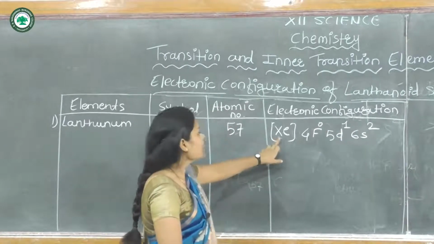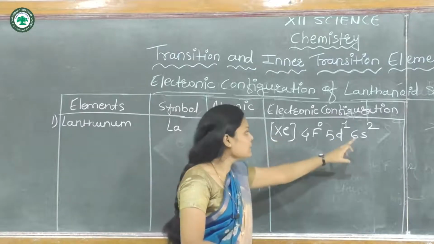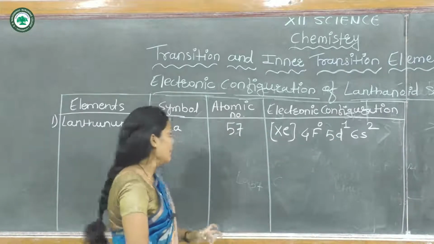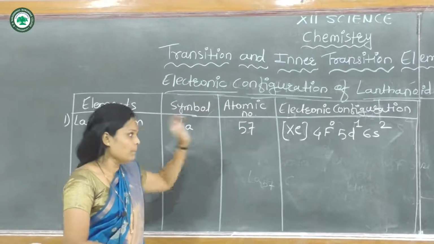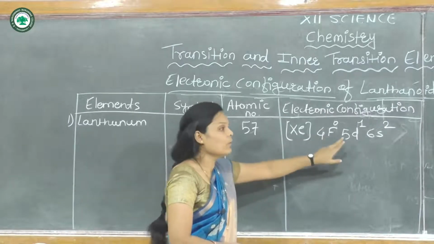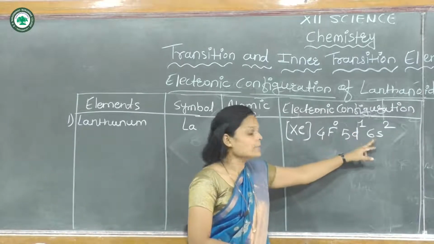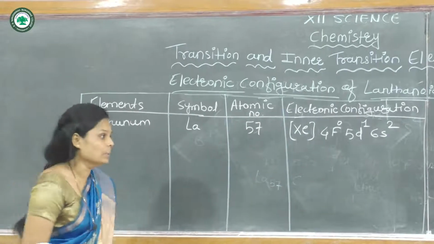Then 54 plus 3 means 57, so the atomic number of lanthanum is 57. The electronic configuration is 4f0, 5d1 and 6s2.